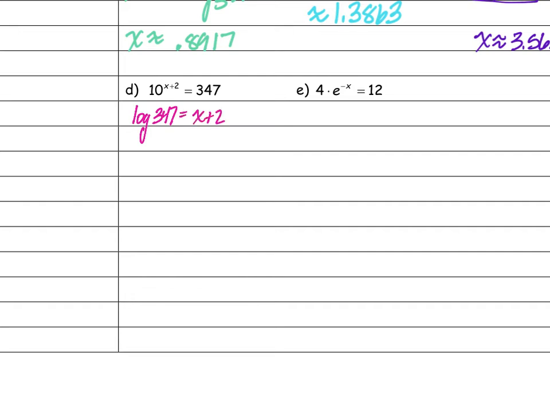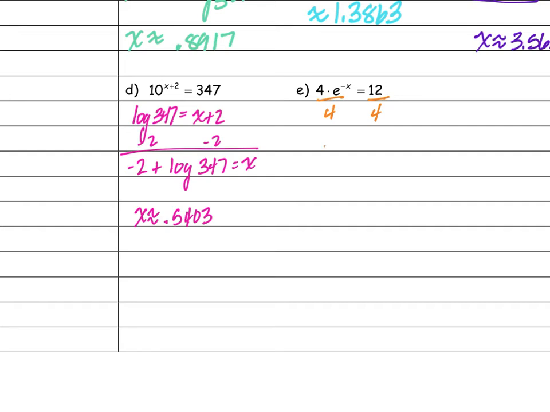It's x plus 2, so subtract 2 from my logarithm, and I get negative 2 plus log of 347 equals x. So x is approximately equal to 0.5403.